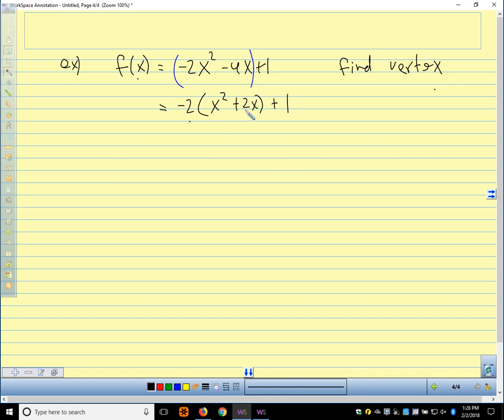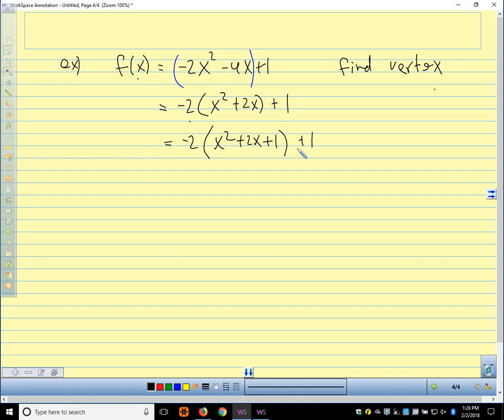Now I'm going to complete the square on this portion. This is my leading coefficient, my a in vertex form. I'm going to divide 2 by 2, we get 1, square 1, we get 1. So we're going to add 1.